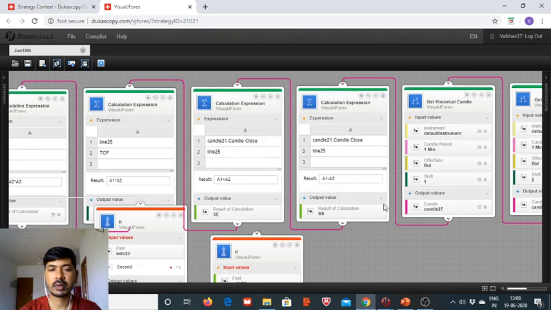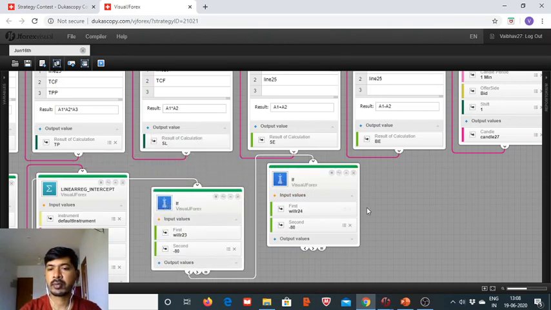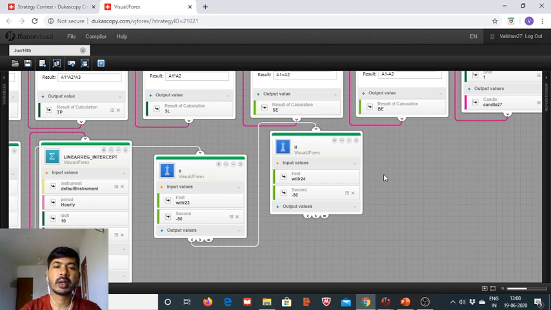So Williams 23 should be below minus 80, first input less than second input, and it should be above minus 80. Oops. That means it was above oversold territory, and then during last hour only it has entered into an oversold territory.